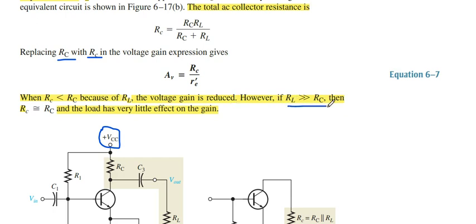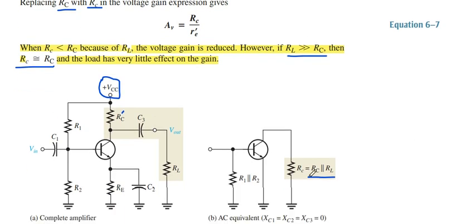If RL, this one, is very much greater than RC, this one, then this RC is nearly equal to the AC r_c. Then the voltage gain is only very slightly affected.